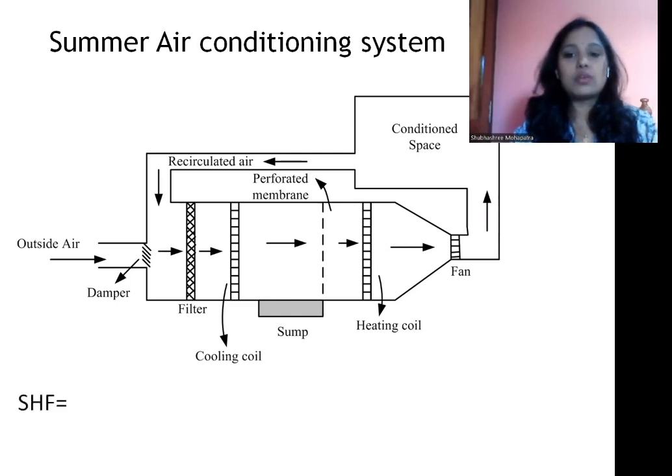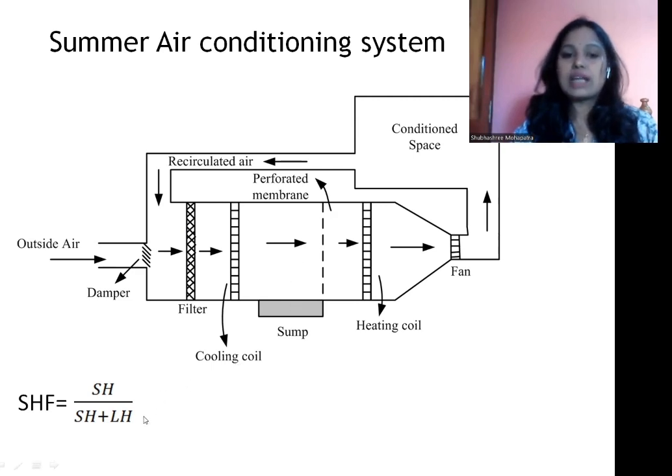Let's discuss it in another way. There is a sensible heat factor for an air conditioning system. It is the ratio of sensible heat to the total heat, where the total heat is the sensible heat plus the latent heat. Here, if the humidity is high, a large amount of moisture is removed.